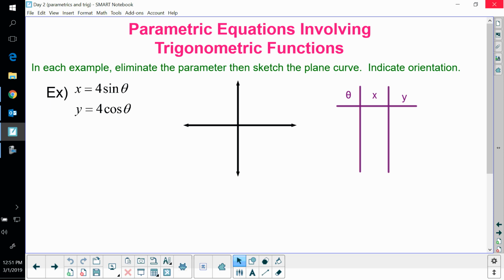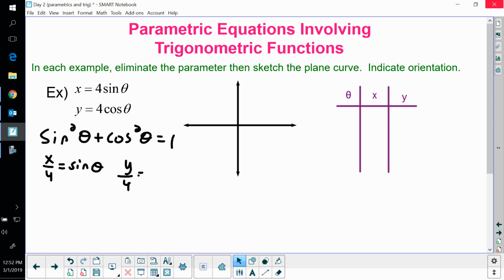To eliminate the parameter with a trig parametric equation, we want to use our Pythagorean property that sine squared theta plus cos squared theta equals 1. We could rewrite our x and y components as x over 4 equals sine theta, and y over 4 equals cos theta.